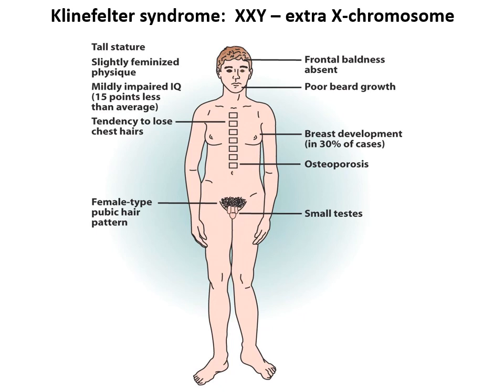Now, lastly, because of the small testicles and the feminization, often patients with Klinefelter's syndrome are infertile, right? They have small, poorly functioning testicles that don't produce normal amounts of sperm.